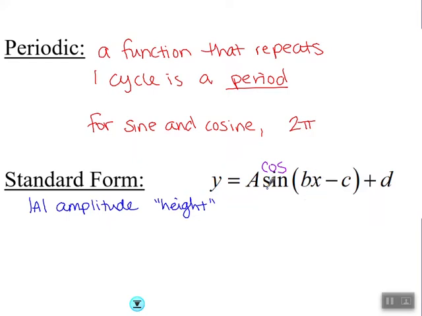Today, we're only going to worry about A and B. We'll worry about C and D later.